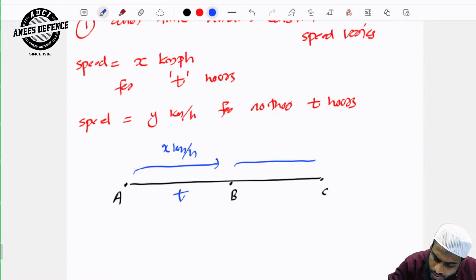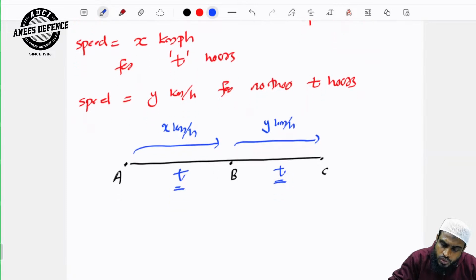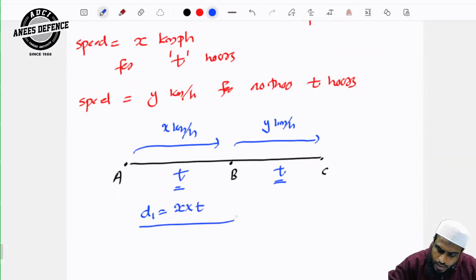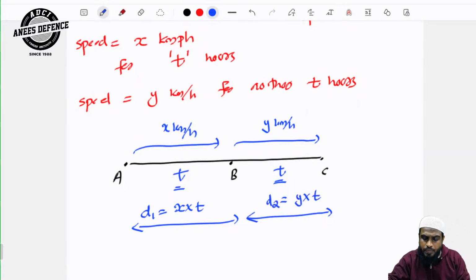From B to C, we don't know the distance between A and B and B and C, but the velocity we know, y kilometer per hour, and the time t is the same. What is the distance traveled from A to B? Distance d1 equals speed into time, means x into t. The distance between B and C is d2 equal to y into t, also distance equals speed into time.